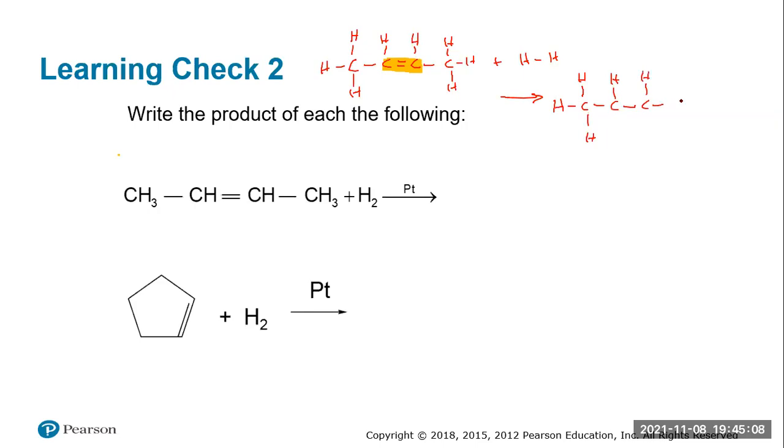Everything else identical. I'm just copying what's already there. And now I do have space, obviously, for my two hydrogens to come in. Again, they come in on opposite carbons in this case. So hydrogen there and a hydrogen there. Any questions on that particular one there?